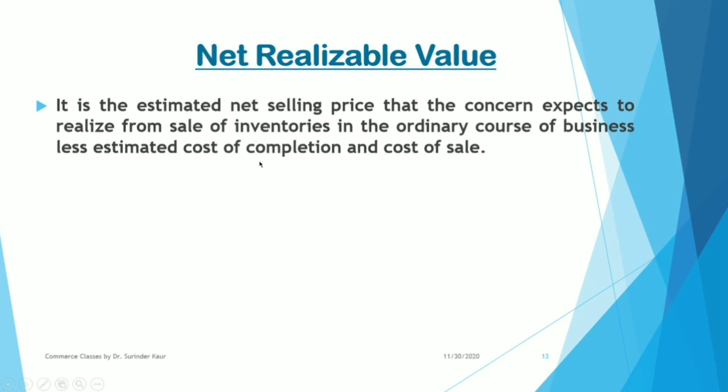Like you might be selling, say, computers, and in order to make the sale happen, your customer says that you will have to install some software. So you are incurring some cost. That cost of installing the software will be a part of cost of completion. So that will be excluded from the selling price to find net realizable value. So the lesser of the two is taken as the price of the inventories.